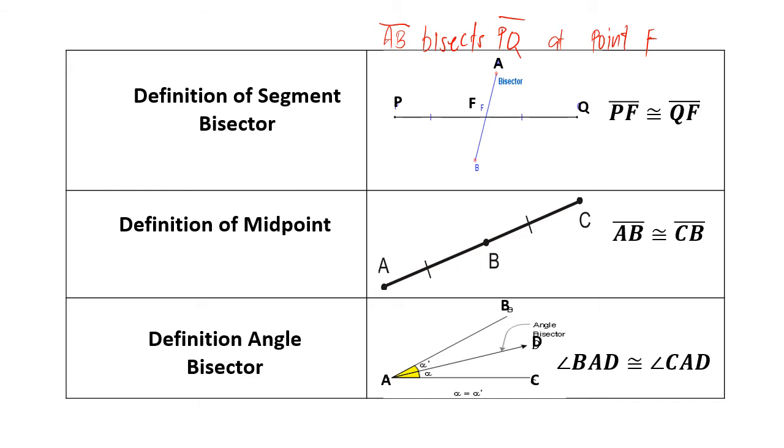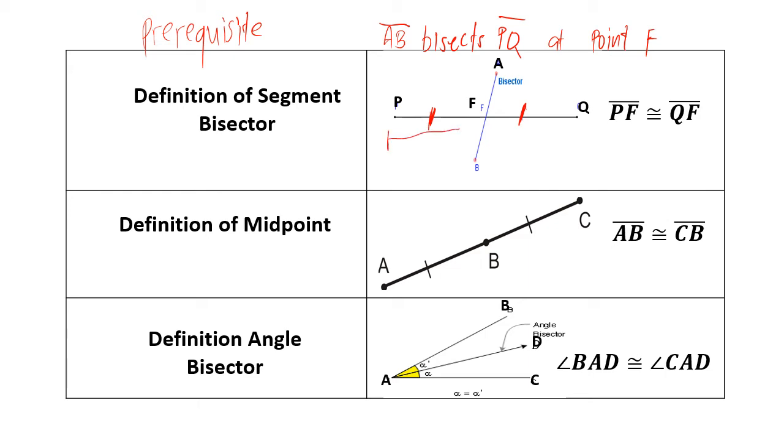Now, if you happen to see this statement, side AB bisects side PQ at point F, it's considered as a prerequisite statement. There's no congruency statement yet. But you can find out in this statement, once you're done illustrating also, that the two segments are congruent by definition of segment bisector.